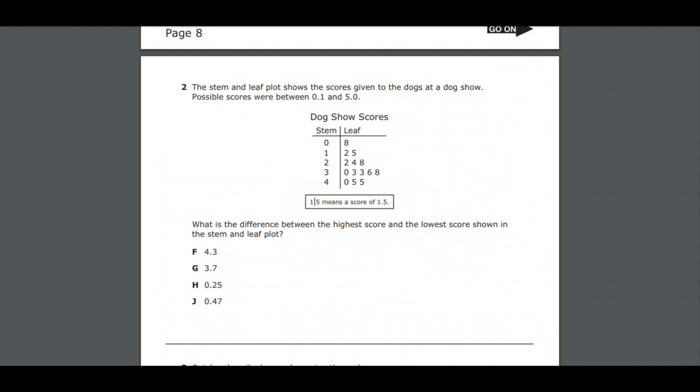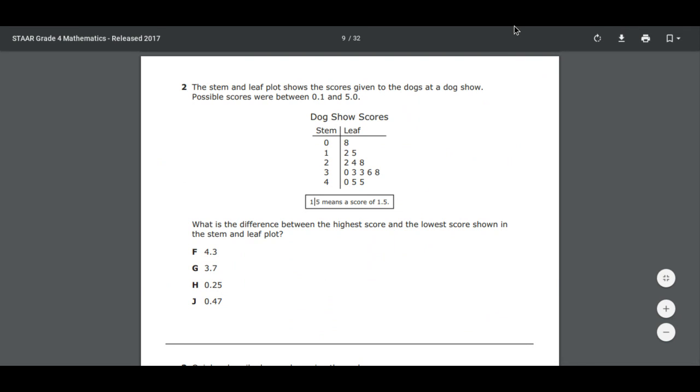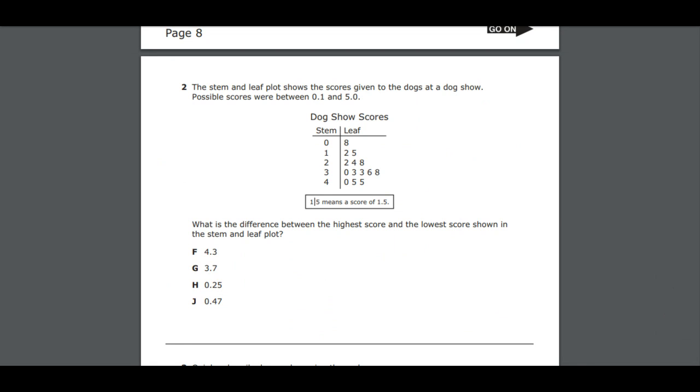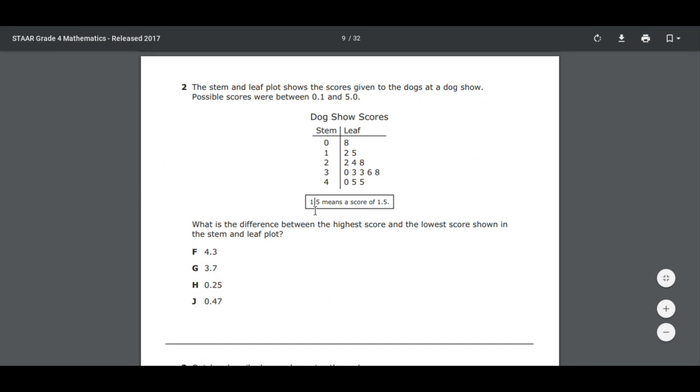Question number 2. The stem and leaf plot shows the scores given to the dogs at a dog show. Possible scores were between 0.1 and 5.0. Dog show scores, stem, leaf. 1 slash 5 means a score of 1.5.